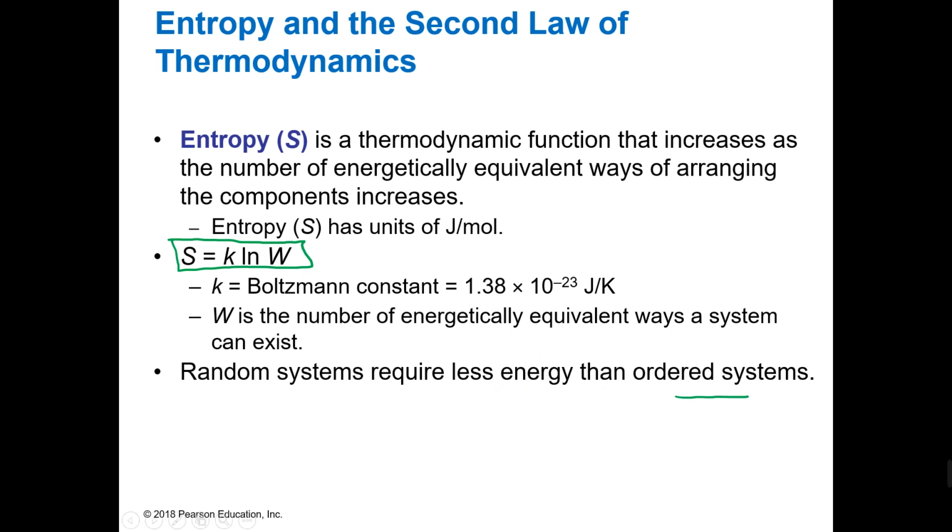That should make sense because if they're random, think of just a gas in a sealed container. Those molecules are just going, and they don't really need much to make them go. In fact, the gaseous state has the highest kinetic energy out of the three states.